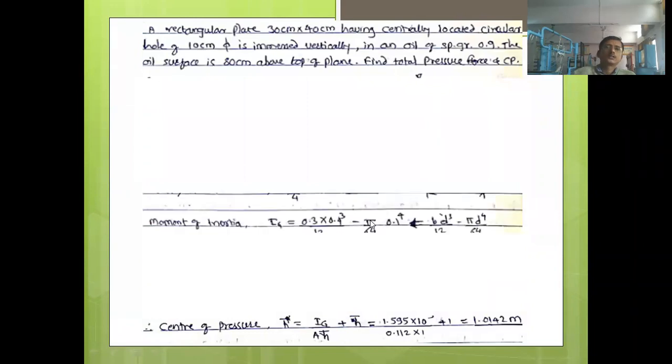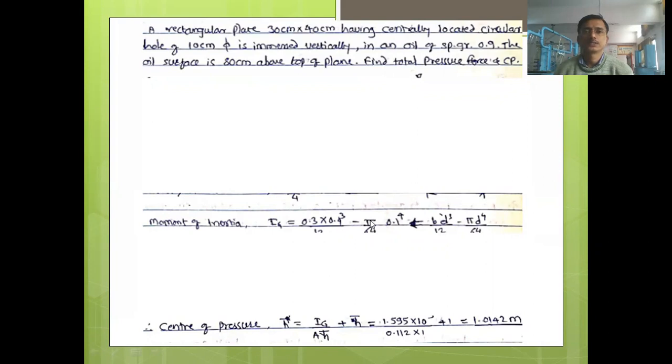A rectangular plate 30 centimeter by 40 centimeter having a centrally located circular hole of 10 centimeter diameter is immersed vertically in an oil of specific gravity 0.9.